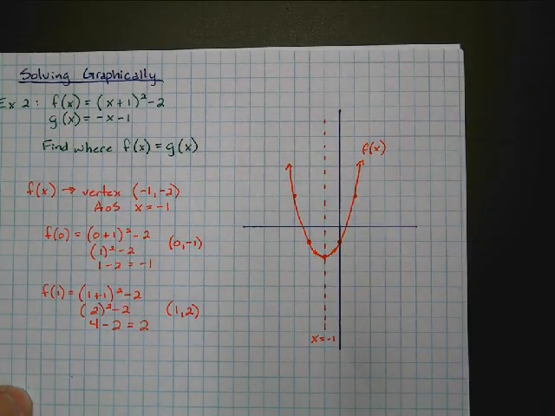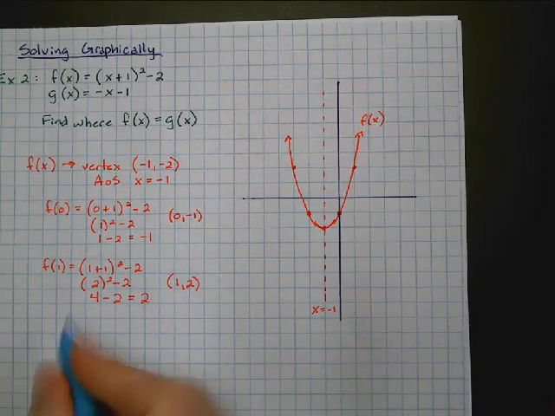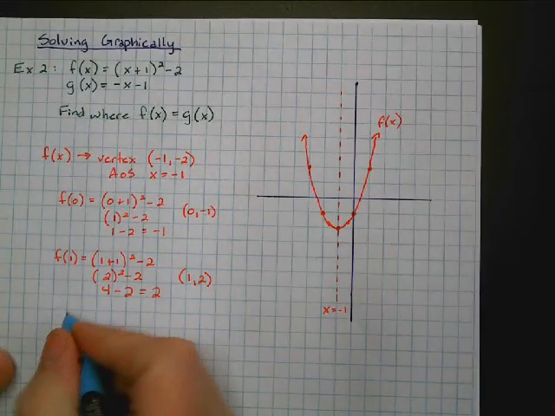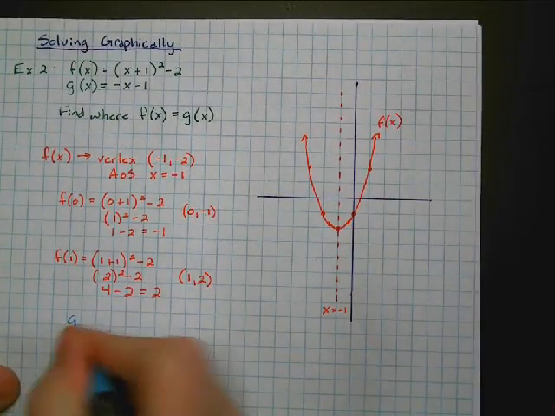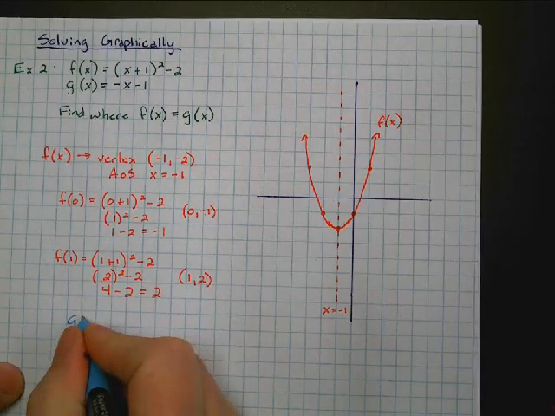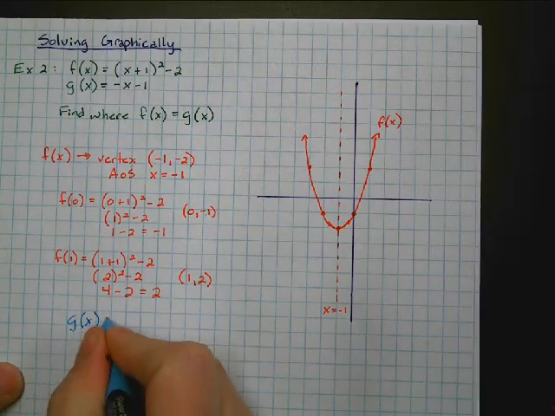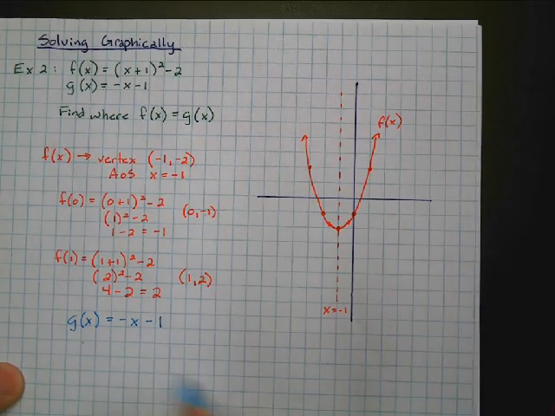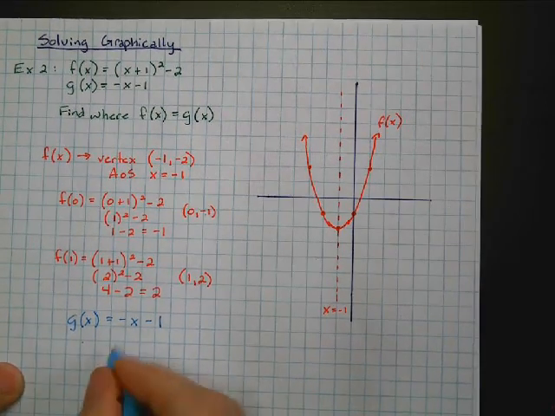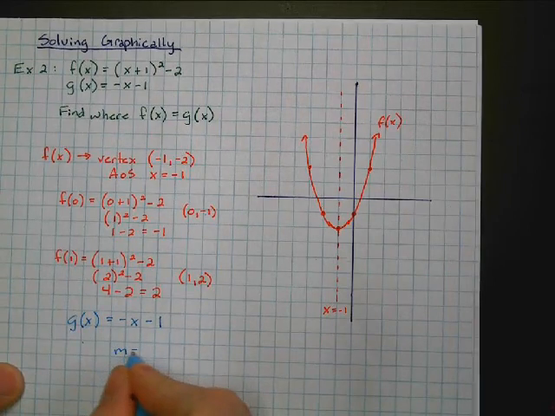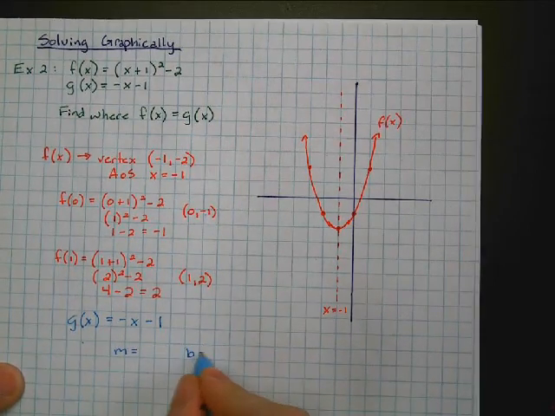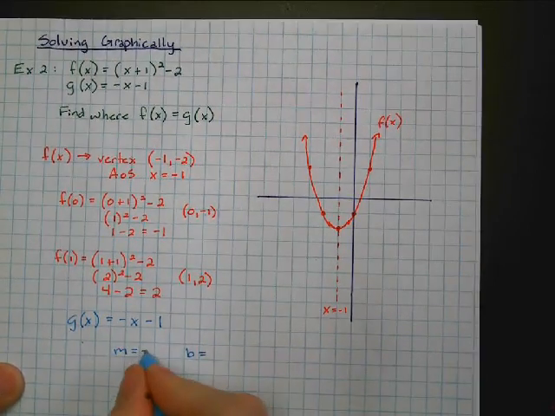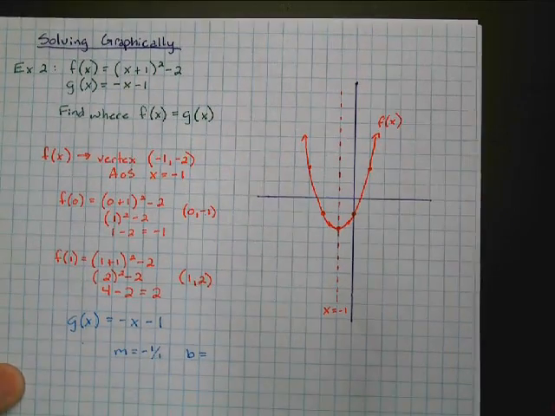Next, let us graph g of x. G of x is a linear equation. In a linear equation, we look for our slope, which is m, and we look for our y-intercept, which is b. Our slope is negative 1 over 1.